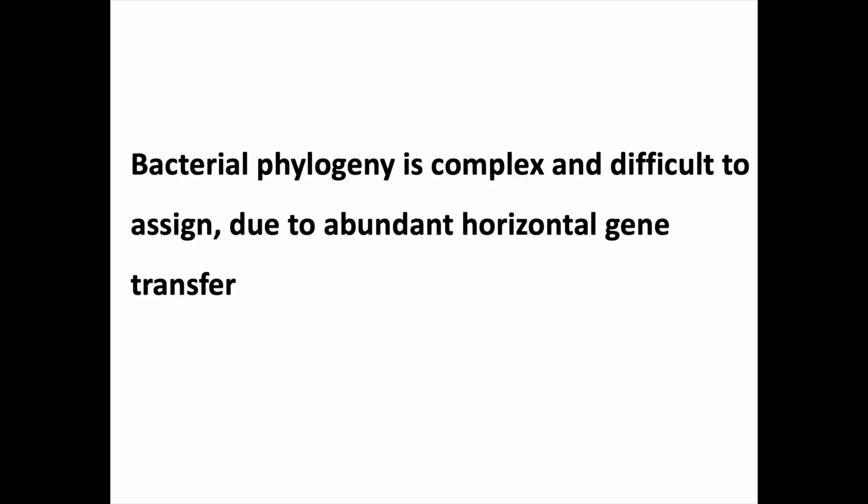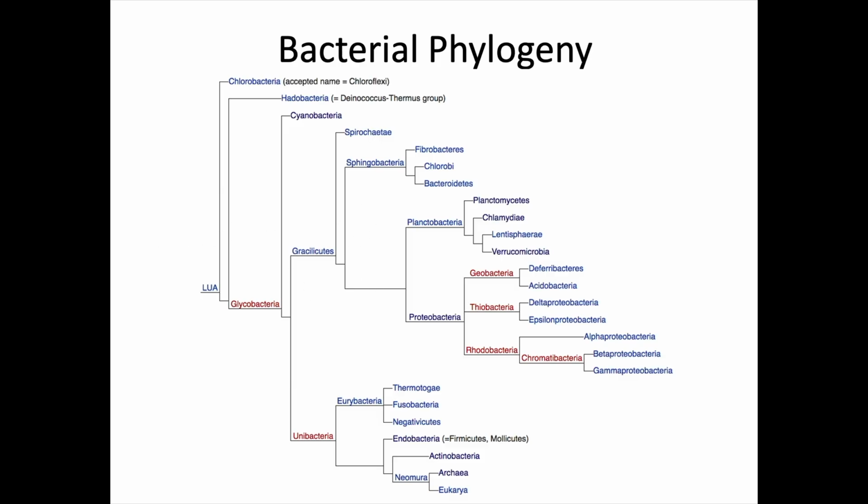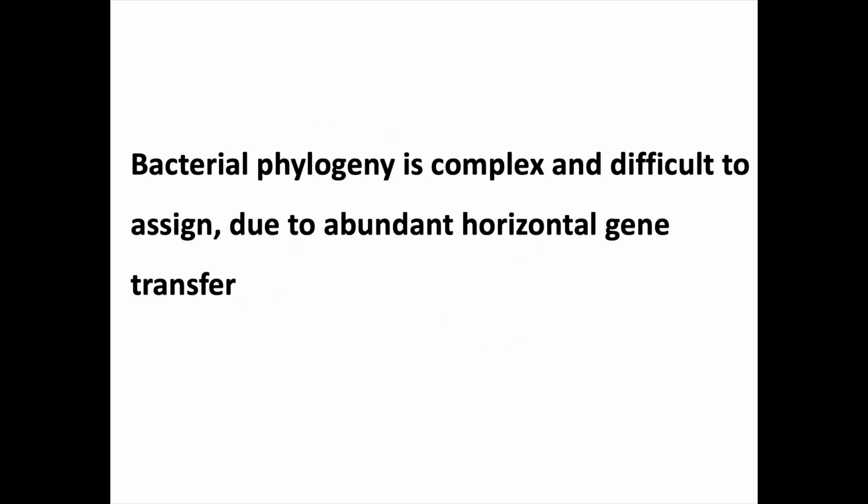That happens a lot with bacteria through those three mechanisms of genetic exchange, and makes it very difficult to draw these sorts of trees with any sort of accuracy. They obviously exist, but you can learn more about those in a more detailed microbiology course. All I want to say about phylogeny here is that it's complex and difficult to assign because they're doing horizontal gene transfer all the time.